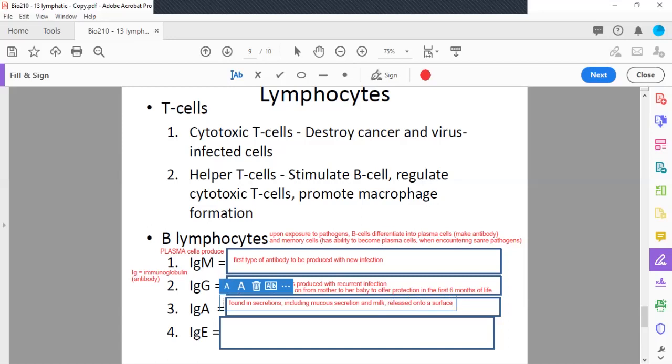So any surface that you have on the mucosa has what's called IgA.